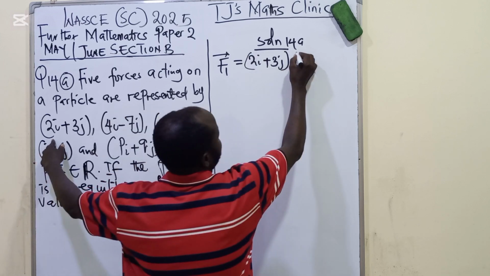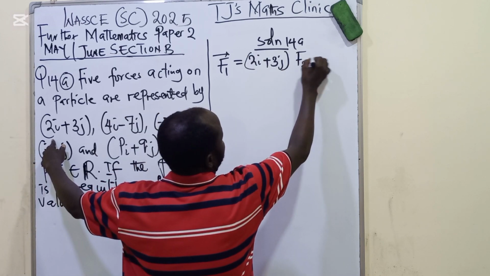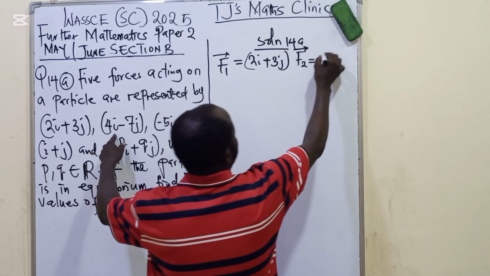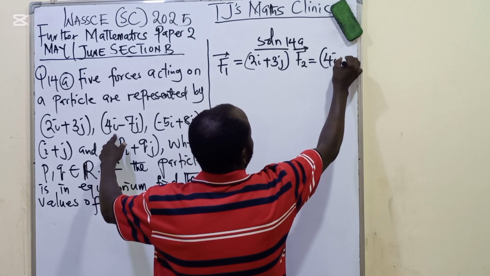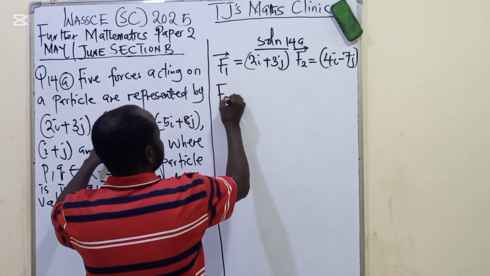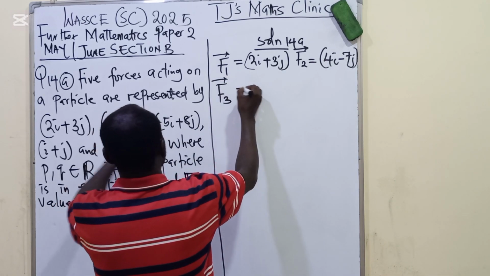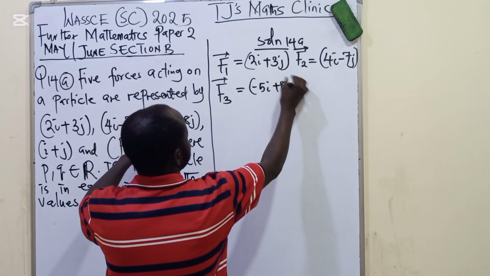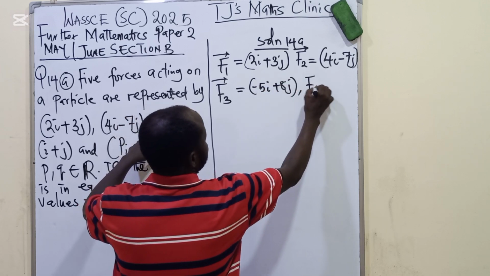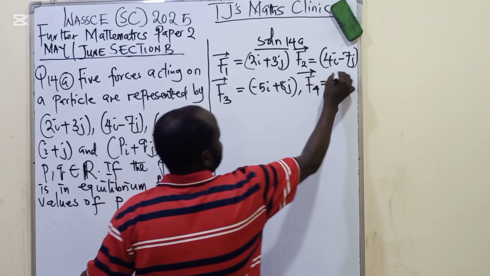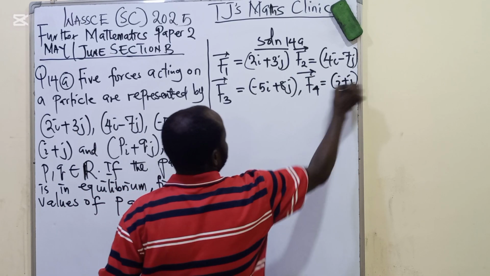Then force number 2 is giving us 4i minus 7j. Force number 3 is giving us minus 5i plus 8j. Force number 4 is giving us i plus j.